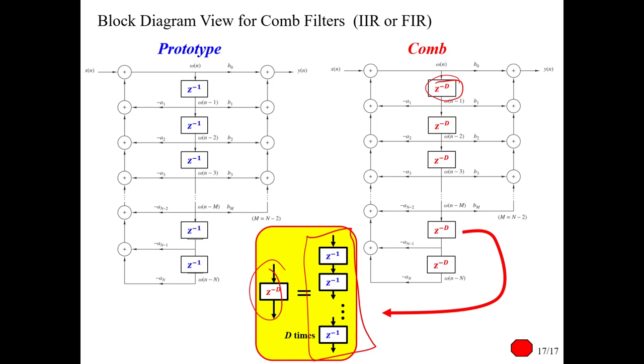So that might be a better way to think about it. We just insert here, instead of putting one delay, we put D delays in there. Or equivalently, we insert an additional D minus 1 delays in there. That's the idea of stuffing in the zeros. So it becomes pretty clear in this as well.